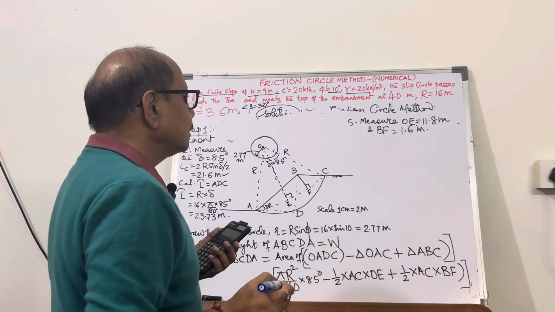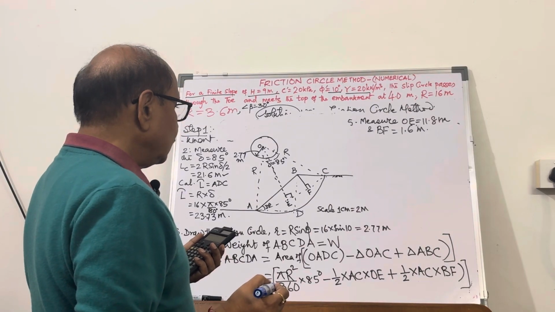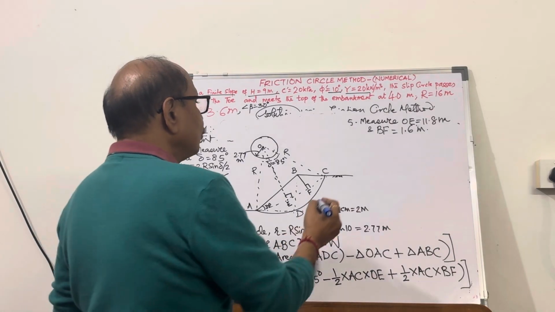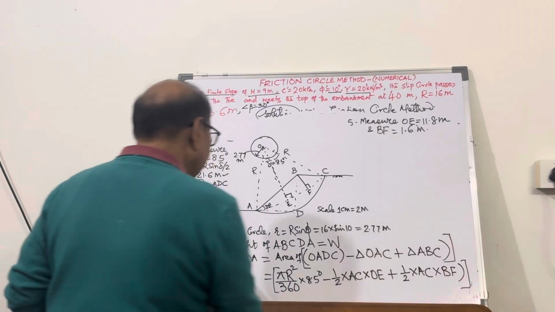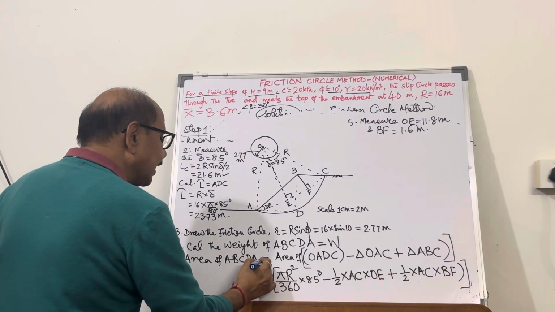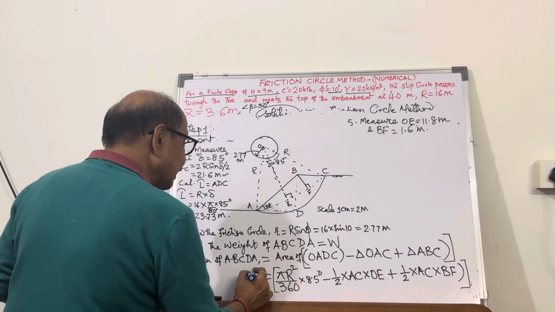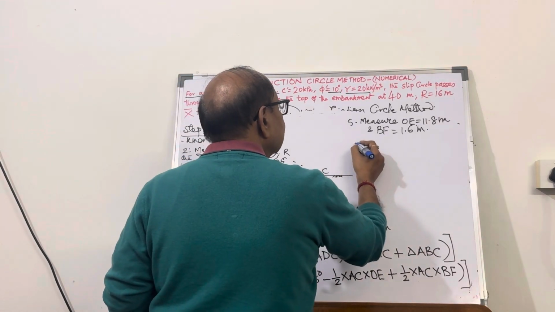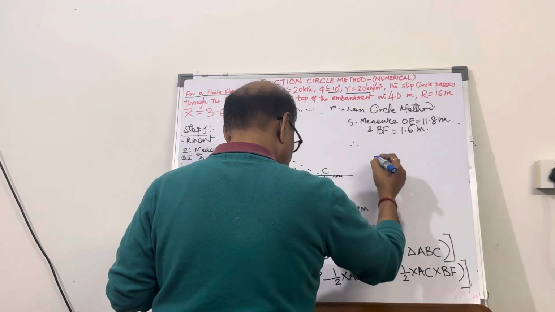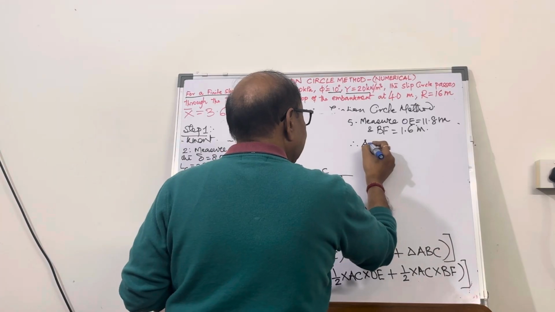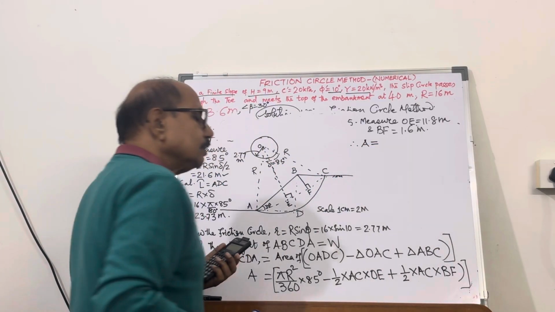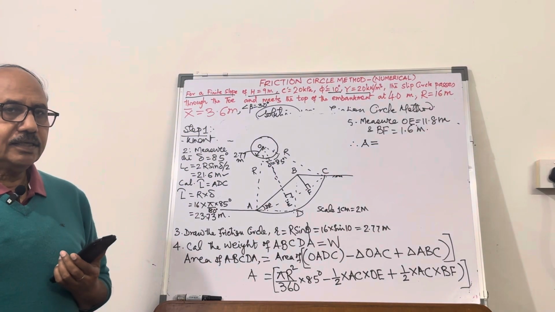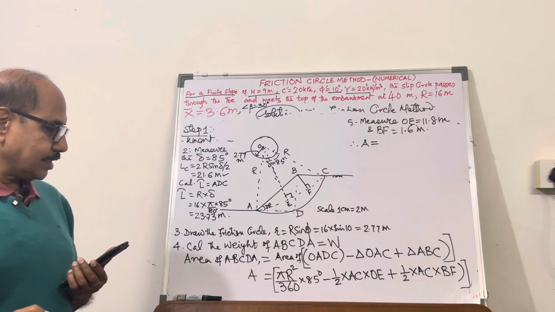So friends, now you can easily find out the area. Therefore, area of ABCDA, let's say this area is A. So if you simplify, area A can be computed very easily.